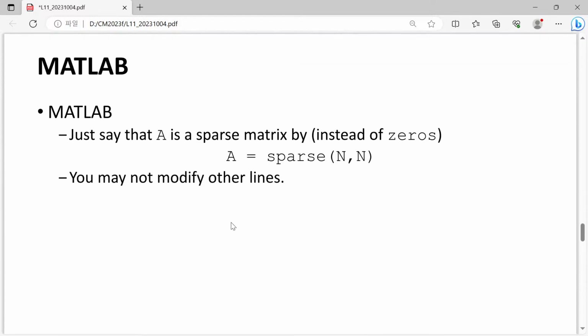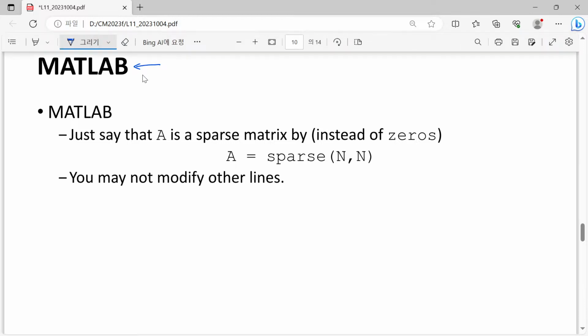Okay, so now let's come back to our lecture itself. Anyhow, you have to do your homework. If you are a MATLAB user, then what you should do is just change the declaration of your matrix A. Previously, you started from something like this.